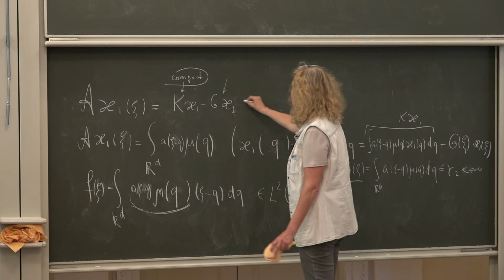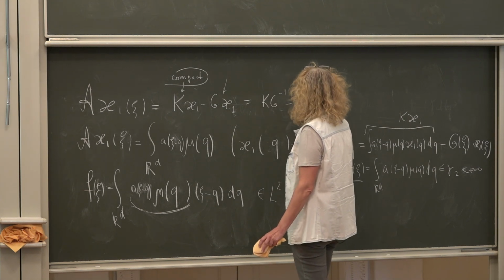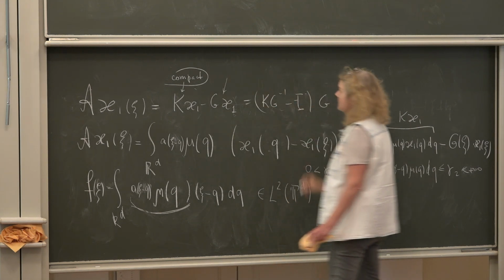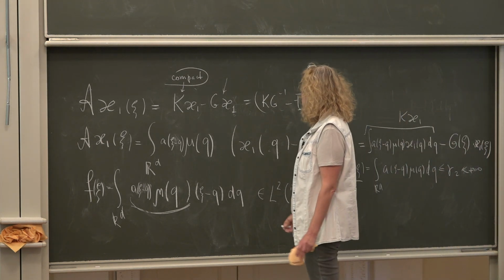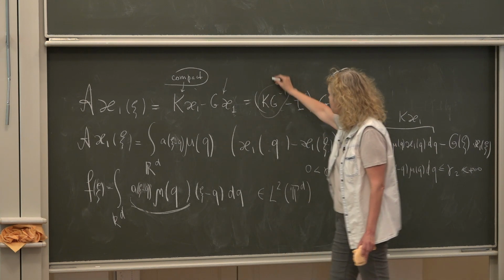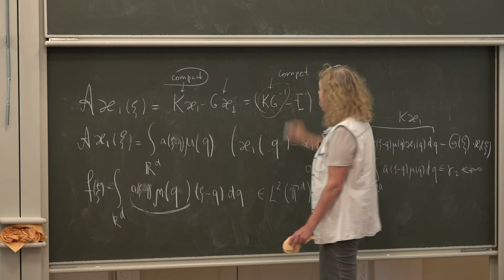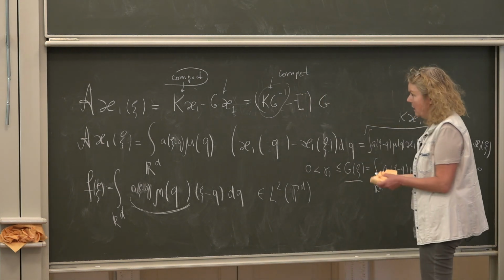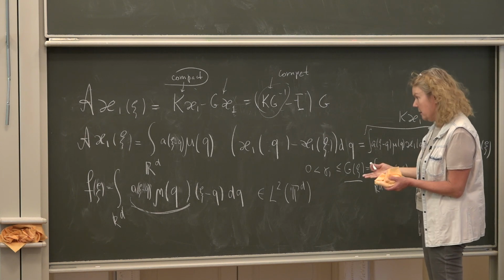We can consider this K. Let's consider this operator as the following operator, and since it is a bounded operator, of course there is again a compact operator. And now we can reformulate our equation as a solvability condition.